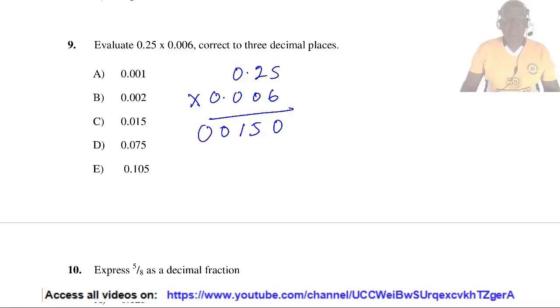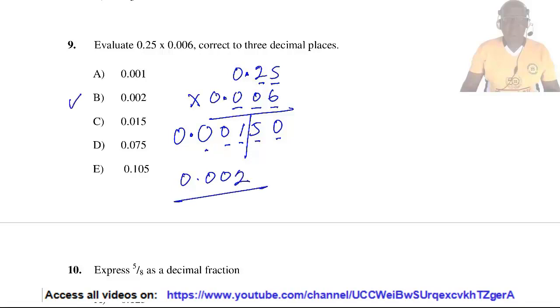The number of decimal places: 1, 2, 3, 4, 5. So to 3 decimal places is going to be equal to 0.002. So the answer is B.